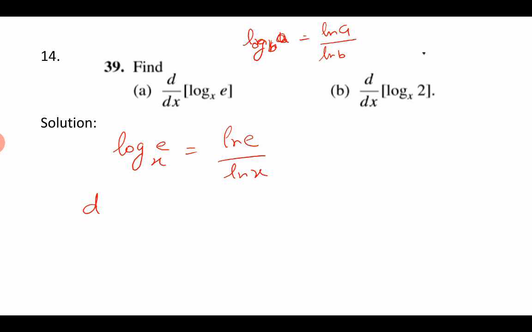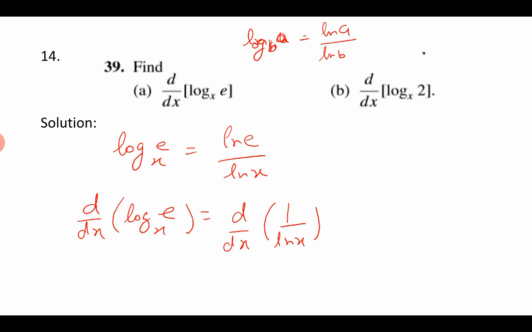So when you differentiate logarithm of e base x, you will find ln e is 1. You are differentiating 1 over ln x. Take u equal to ln x. Therefore you are doing d by dx of 1 over u.